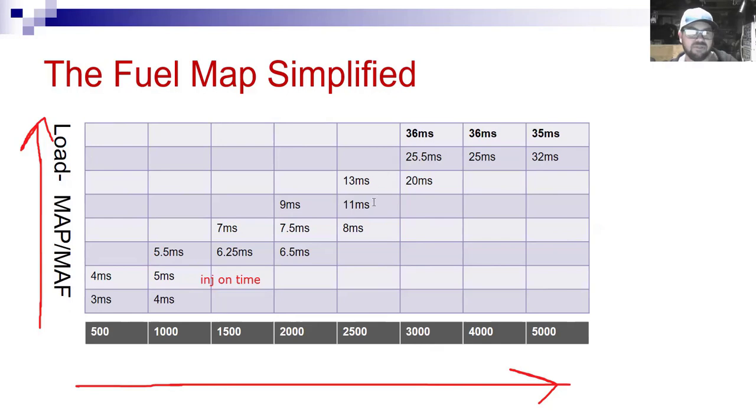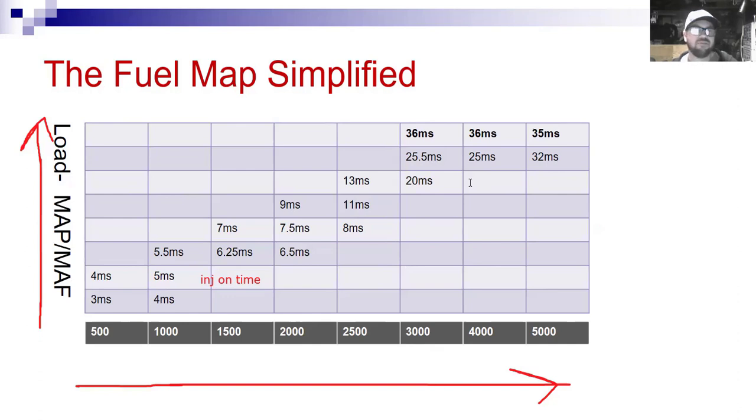I'm cruising down the road. Maybe I'm 12, 13, 14 milliseconds. I start getting to higher and higher loads. And now maybe I'm 20, 30, 40 milliseconds of injector on time. And so even if you're getting into a little programming, we usually program in volumetric efficiency numbers, which I'll get to in a minute.